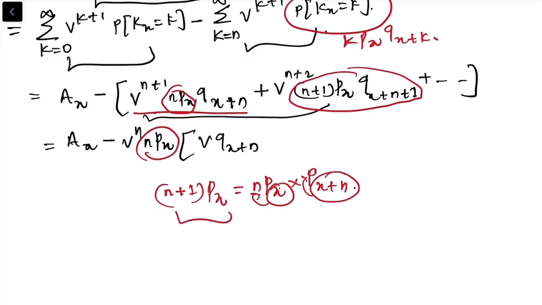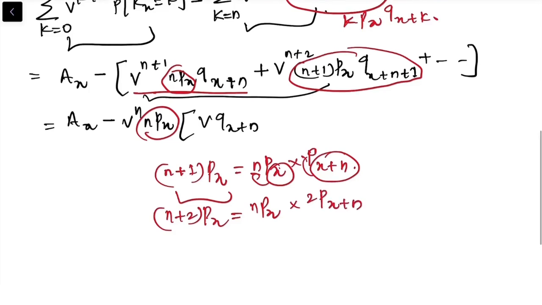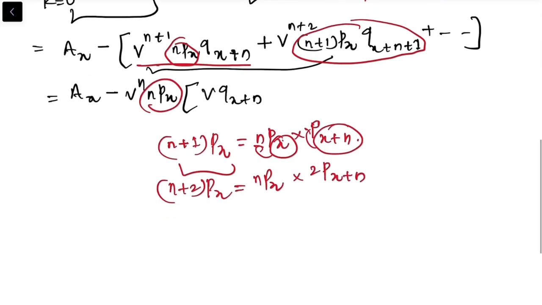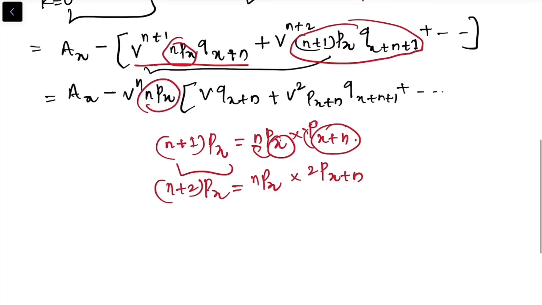So this is how we can break this. Similarly, for n+2px, you can write npx times 2p_(x+n). Okay, so this is how you can break this. So now we can write v squared p_(x+n) q_(x+n+1), and so on.